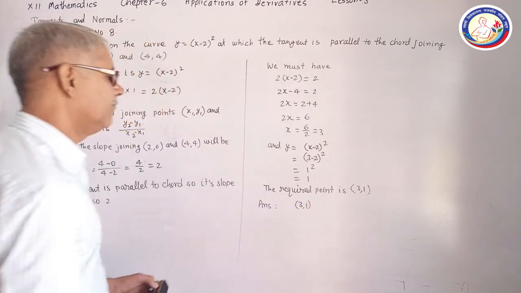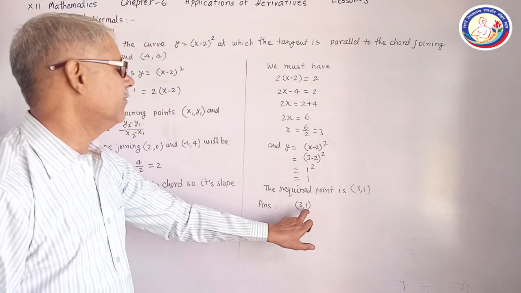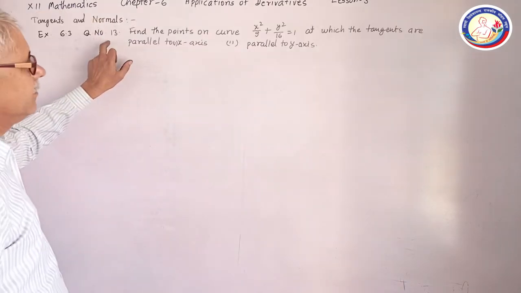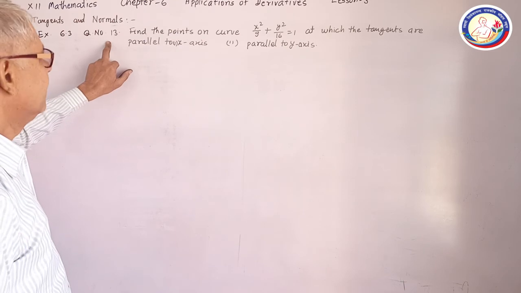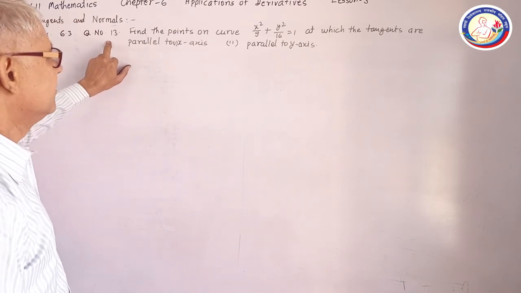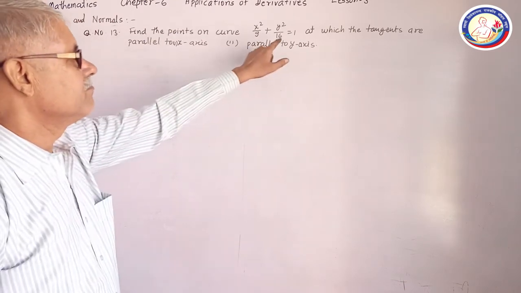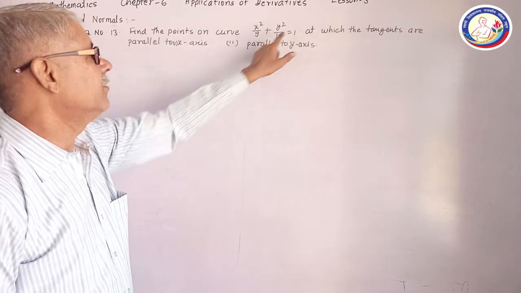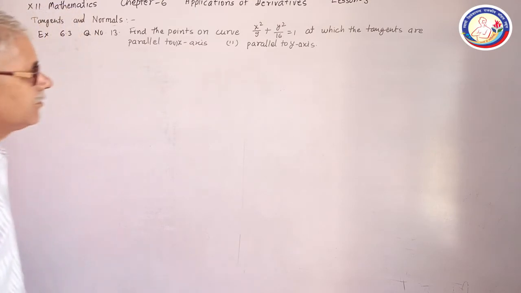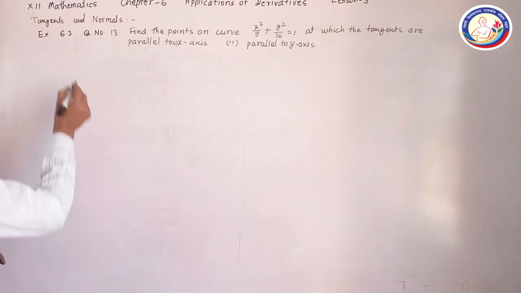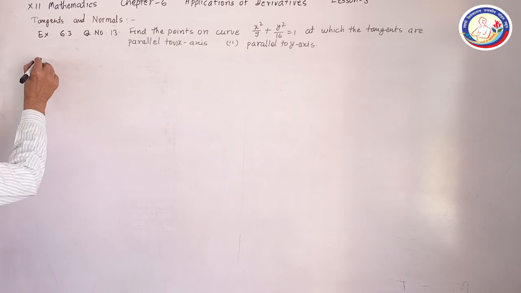So the tangent is at which point? It is at 3, 1. Now in the 13th question, we are asked to find the points where the tangents are parallel to the x-axis and parallel to the y-axis to this curve. So first of all, we find the derivative of this function.